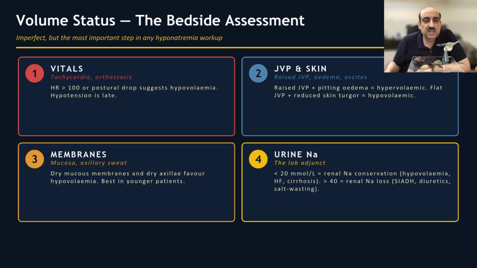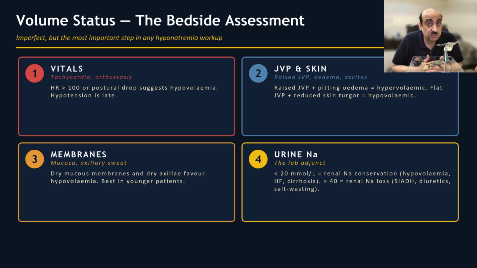Now, mucous membrane examination of the oral mucosa and axillary dryness can indicate hypovolemia, although it can be unreliable in the geriatric population. Urinary sodium, the gold standard, guides us to that. If it's less than 20 millimoles, it means the kidney is avidly conserving sodium and hence with it the water, which indicates hypovolemia.